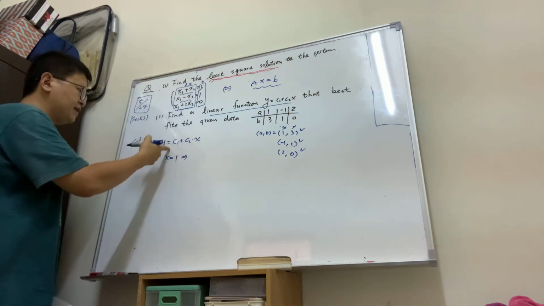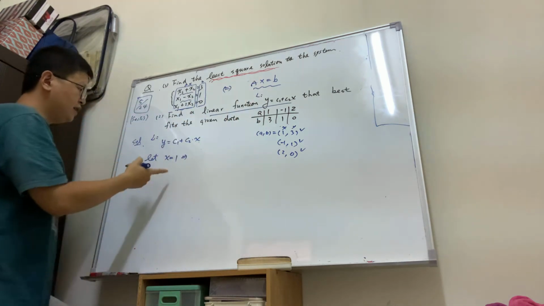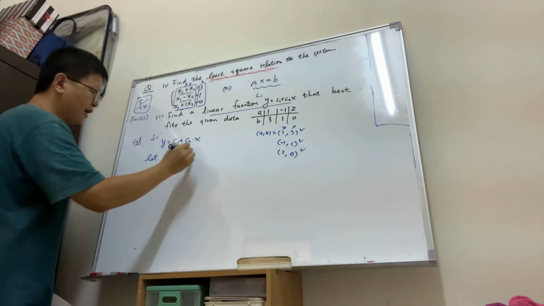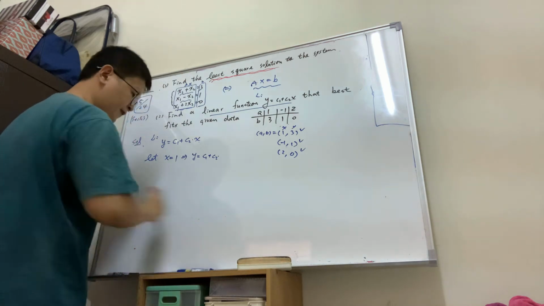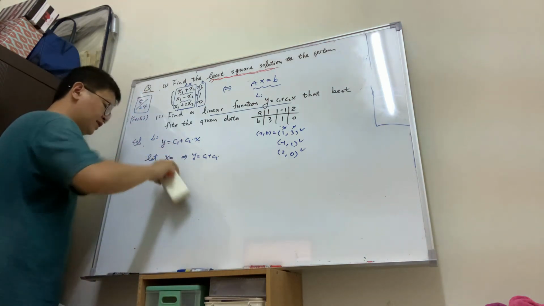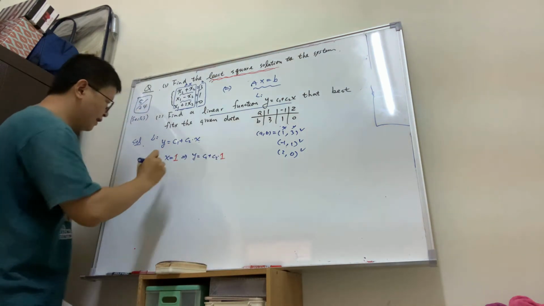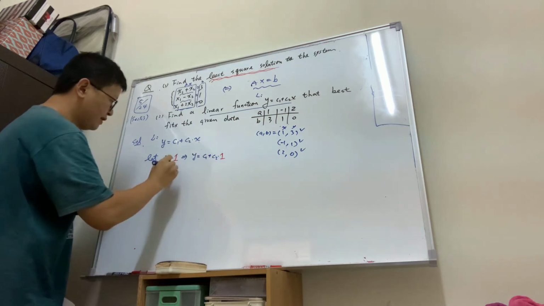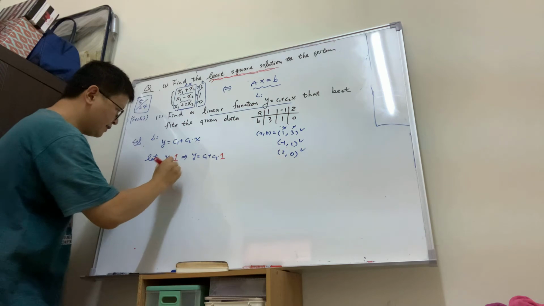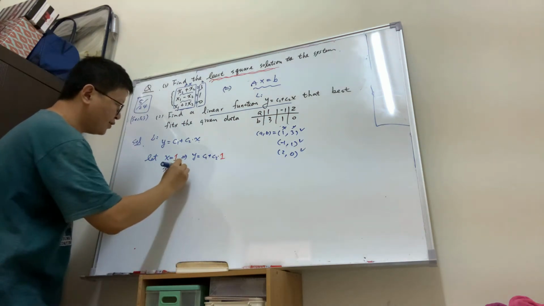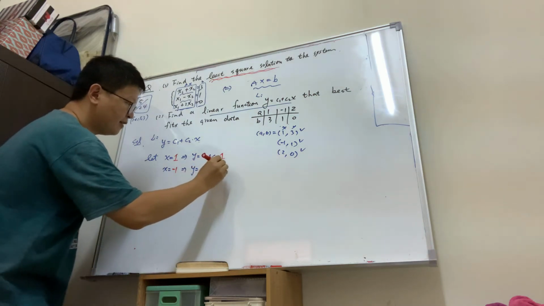If you plug the value 1 into this linear function, which we call L, you get y equals c1 plus c2 times 1. If we let x be negative 1, you get y equals c1 plus c2 times negative 1.